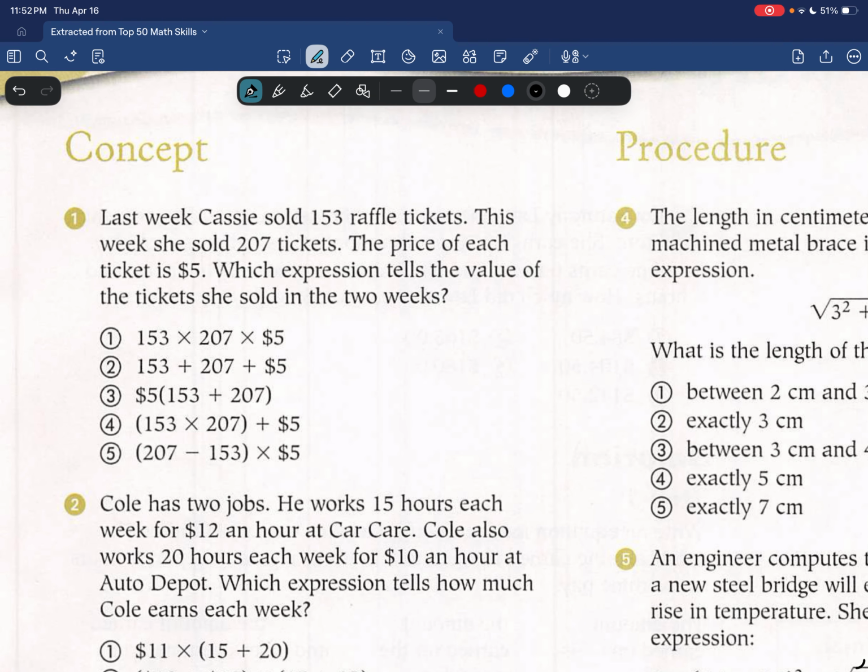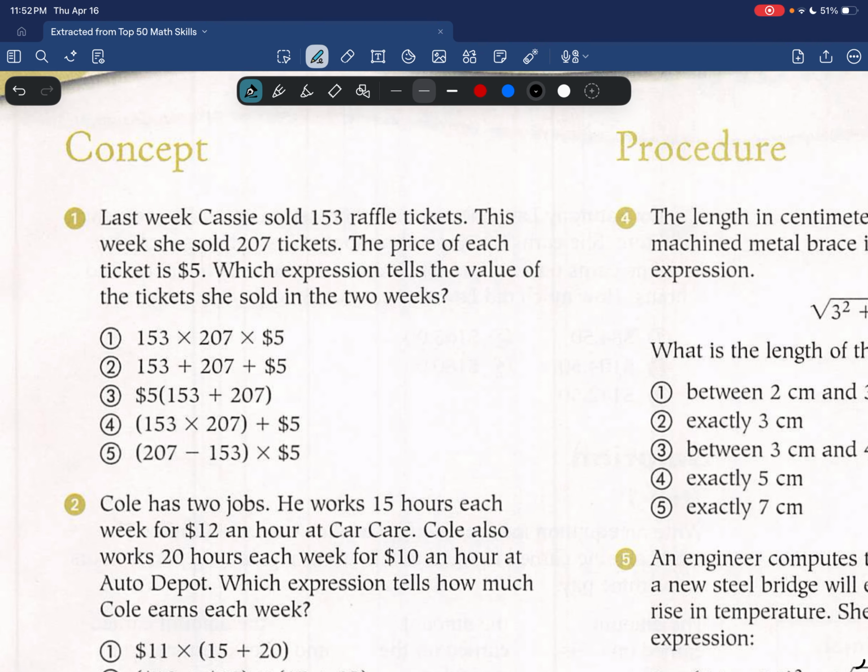Last week, Cassie sold 153 raffle tickets. This week, she sold 207 tickets. The price of each ticket is $5. Which expression tells the value of the tickets she sold in the 2 weeks?